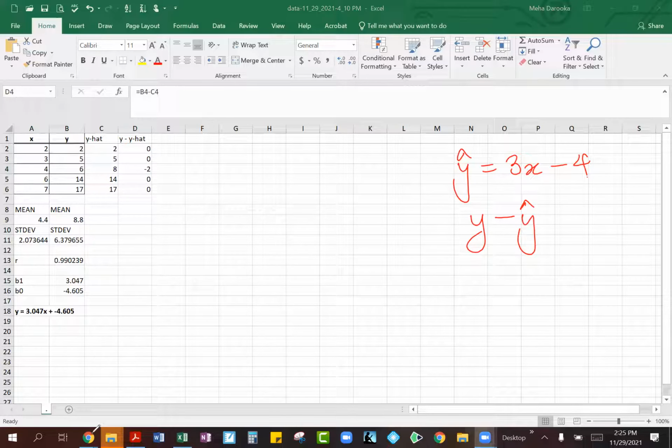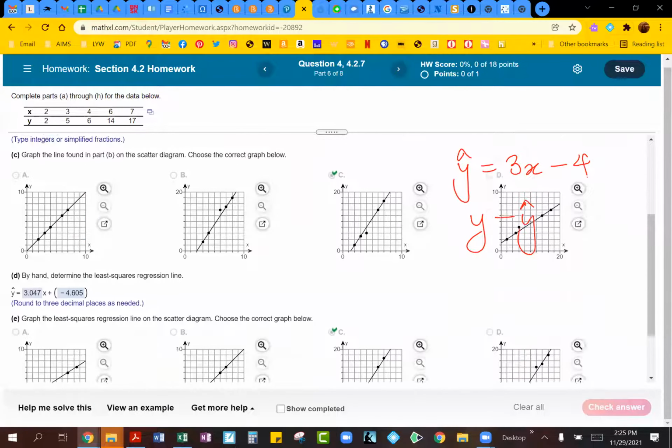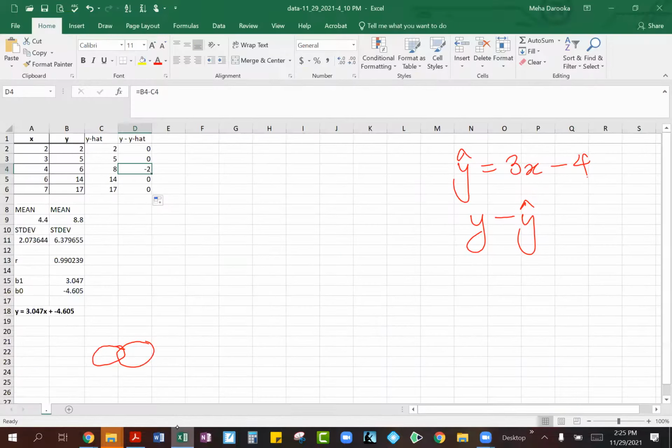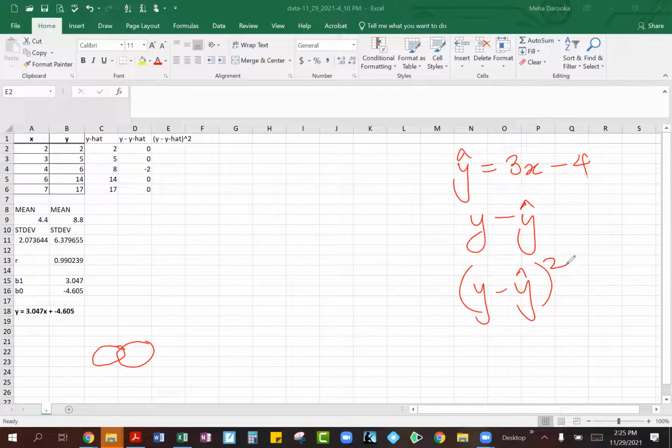So literally, this is exactly as it says. We have calculated the residual. Now, the next thing we have to do is square it. So coming back here, we're going to do the square on this. So literally take the answers you got from the Y minus Y hat and square all those numbers.